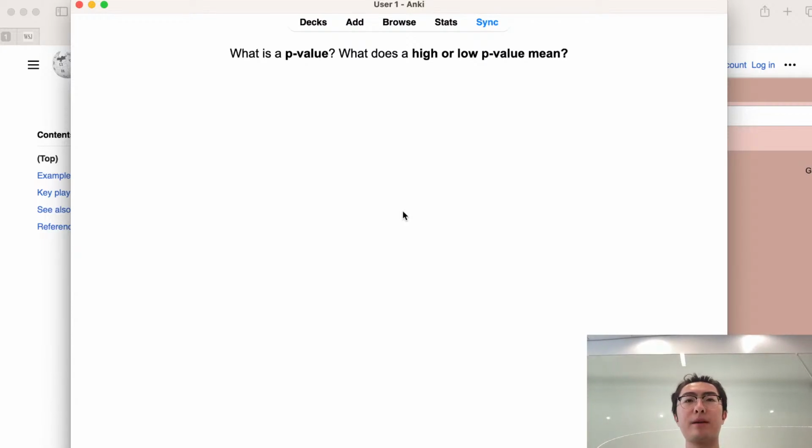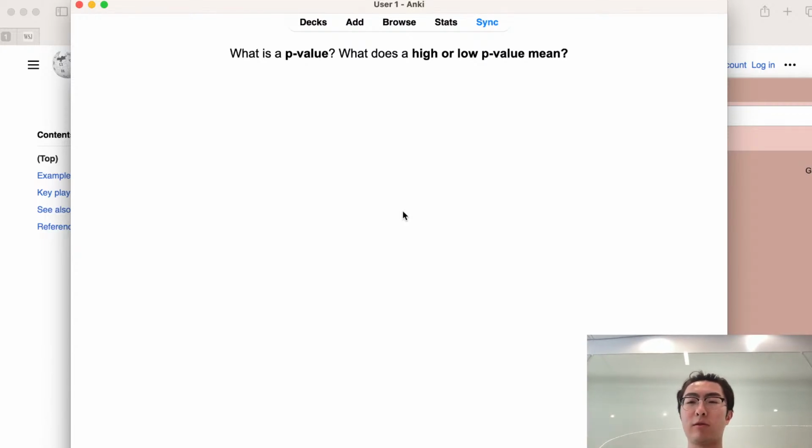So this is a common measurement in statistical testing when you're testing between a null or an alternative hypothesis. And to maybe break that down even further, null hypothesis usually is the idea that when you're running an experiment, you have either a relationship between certain variables or there is no relationship.